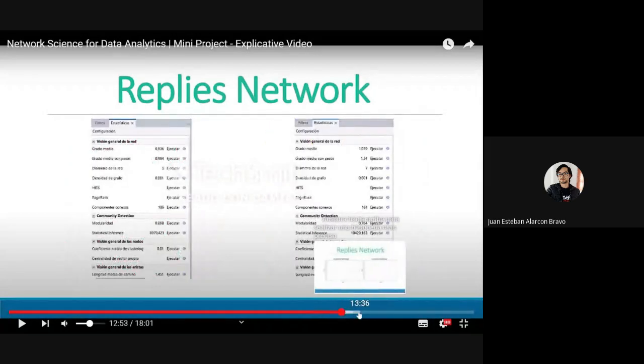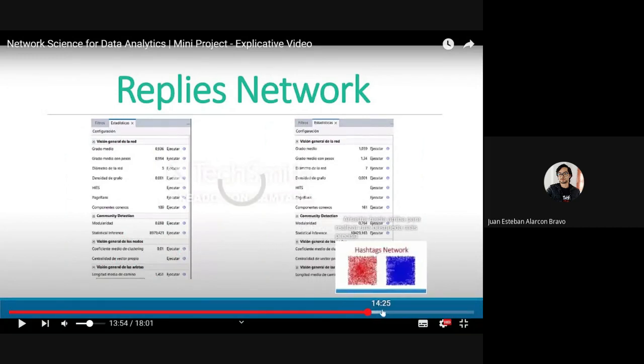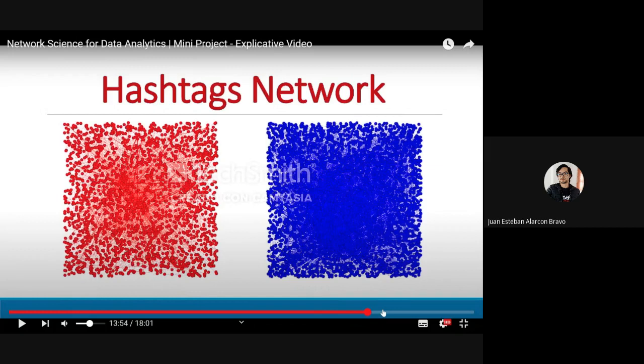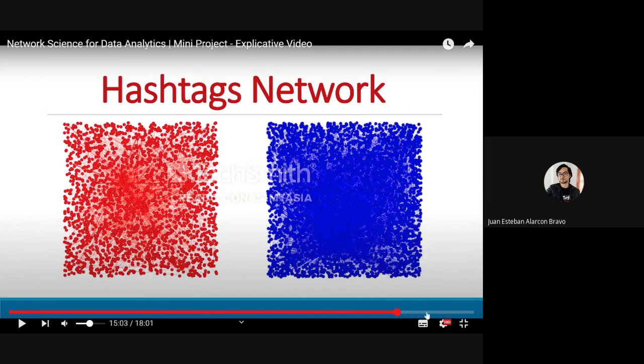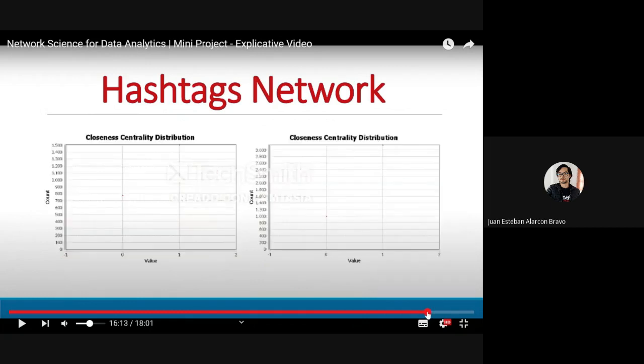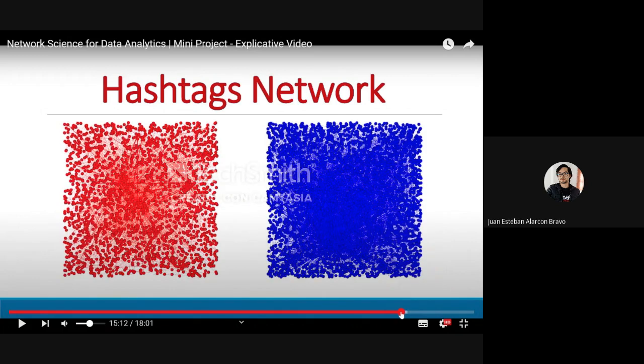The thing with the replies is that replies tend to occur more frequently during the show, but they tend to be brief discussions, like 2 or 3 replies. Probably the most interesting one we found was this one of hashtags, because during the show the number of hashtags that appeared was less than half the number of hashtags that appeared the next day.